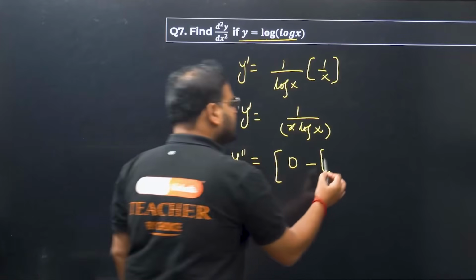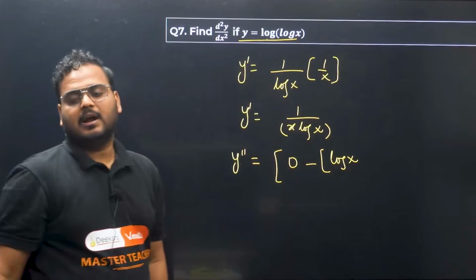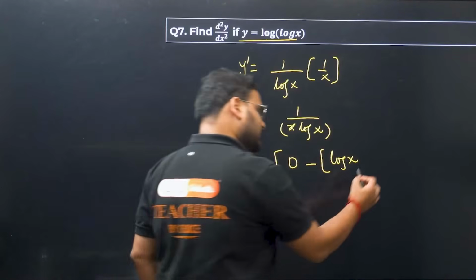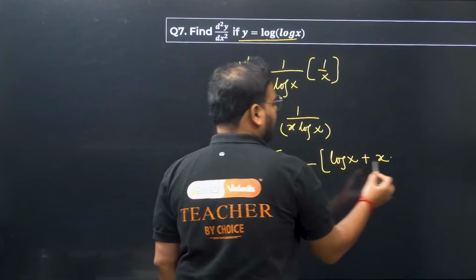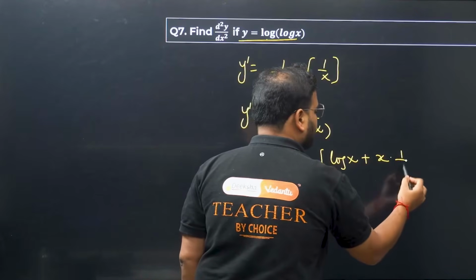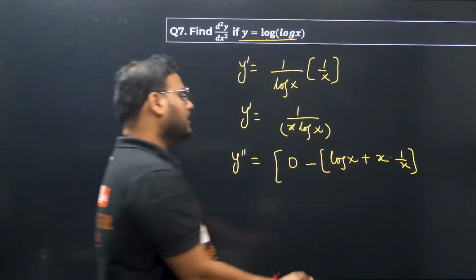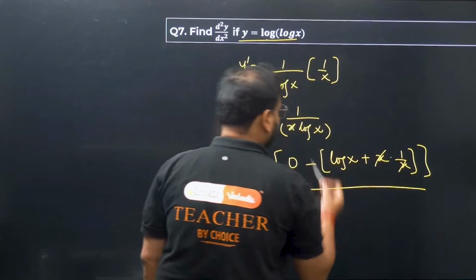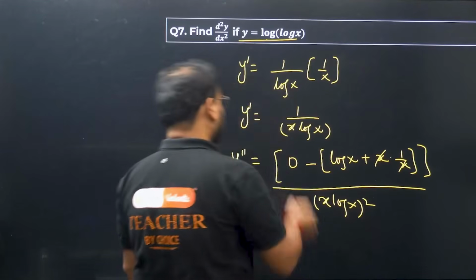I get the derivative of x as 1, so 1 times log will be log x, plus x as it is, and the derivative of log will be 1 by x. Divide by the denominator the whole square, so I get x log x the whole square.